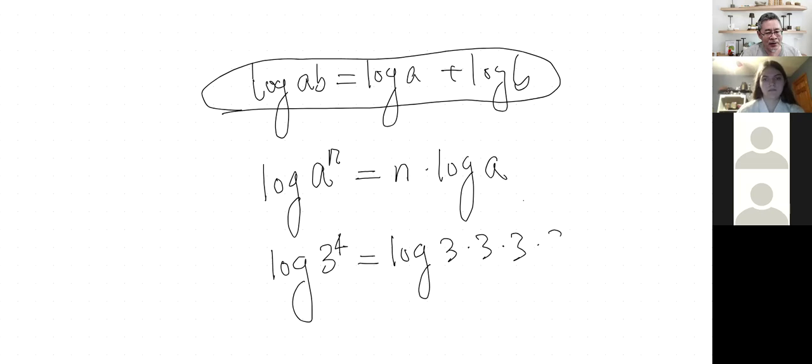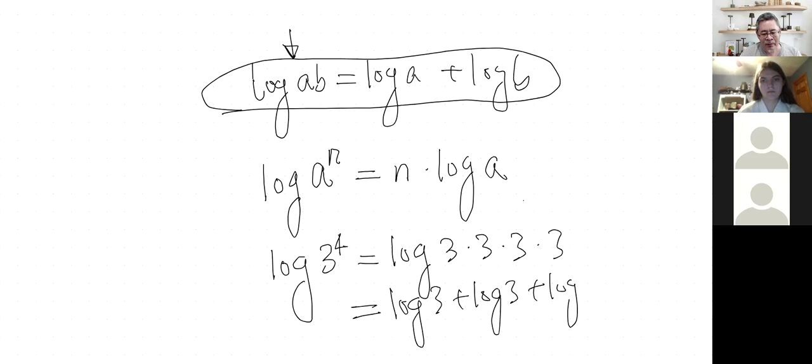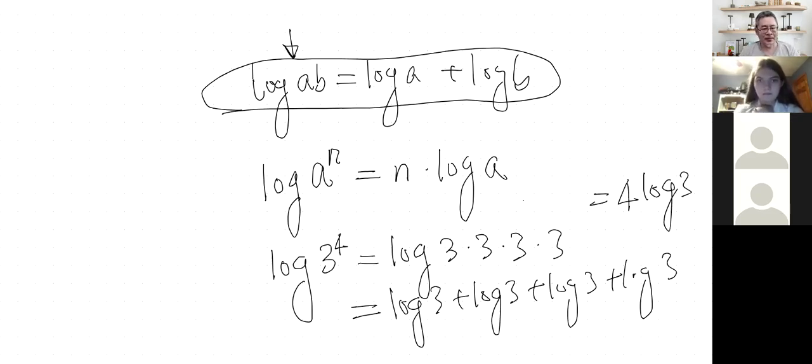According to this rule, we write log 3 plus log 3 plus log 3 plus log 3. So that is simply 4 log 3. Good? Okay.